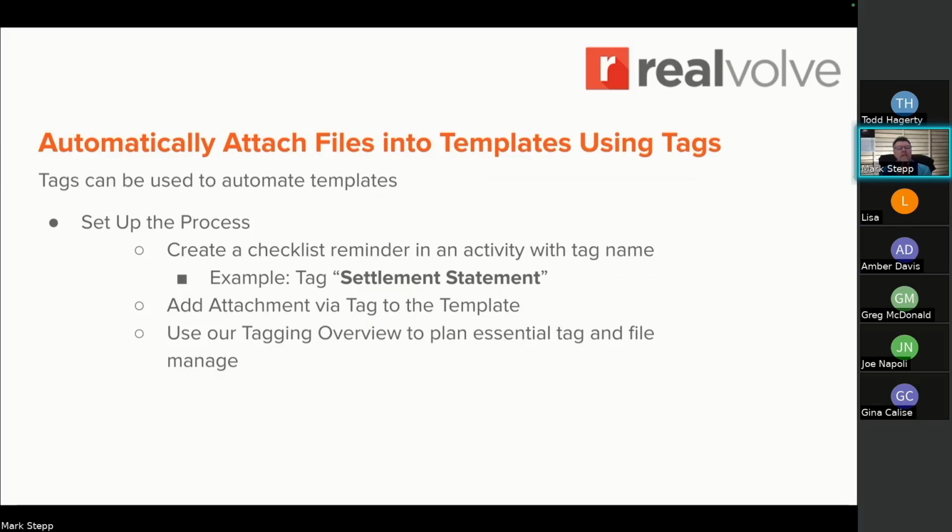So basically, there's a setup process. We're going to use settlement statement as the tag. We're going to add that tag to one of our attachments, or you can do multiples, but in my example I'm just doing one. And then use the tag overview that I was just showing you to see where to use those.